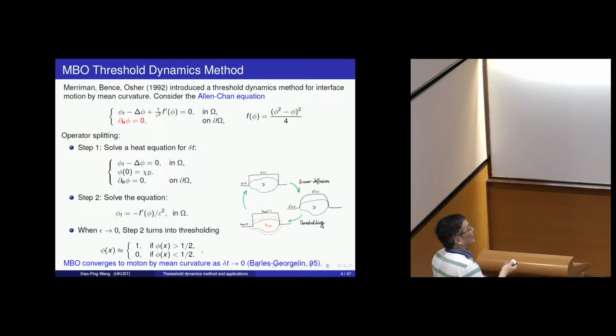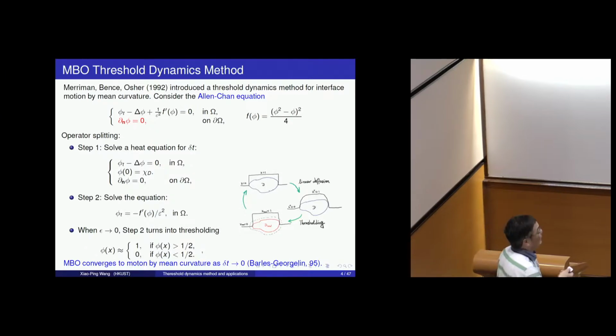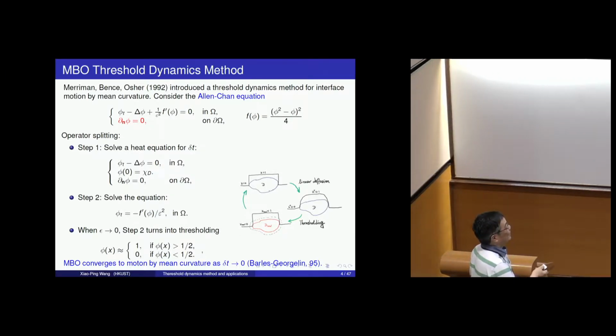As epsilon goes to 0, this turns into 0 and 1, so it turns into a thresholding. Depending on your initial condition, if phi is bigger than half, it goes to 1, and if less than half, it goes to 0. So this step, actually, you don't have to solve. You just do thresholding.